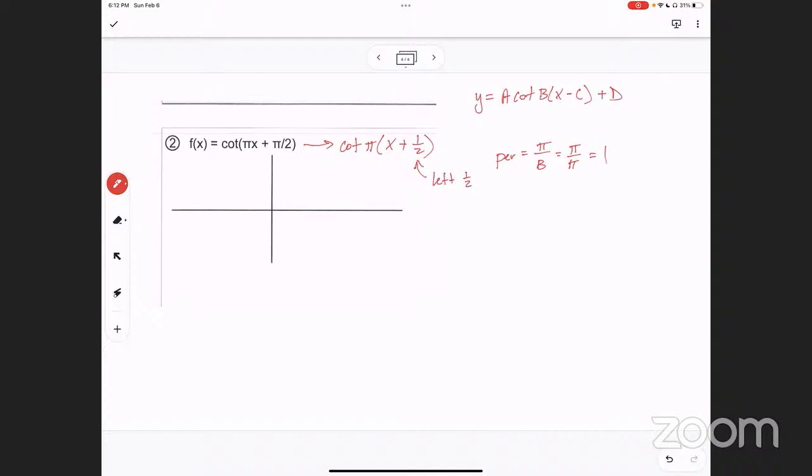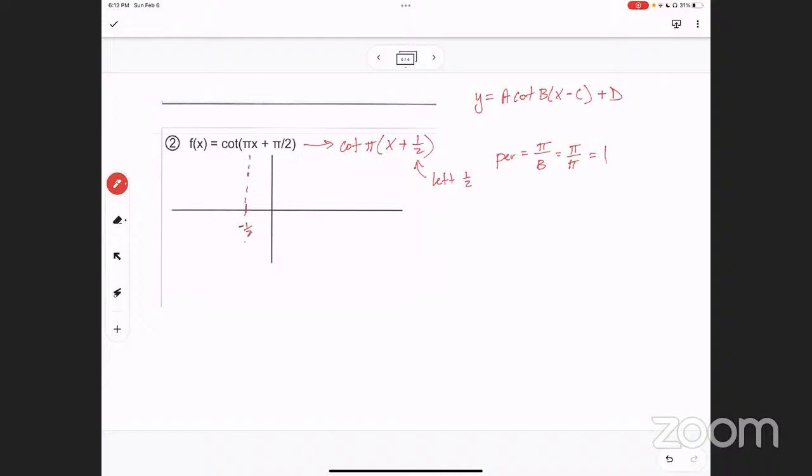Normally the cotangent graph starts at 0 and goes to pi, right? But now you're shifting it left 1/2. So here's negative 1/2.